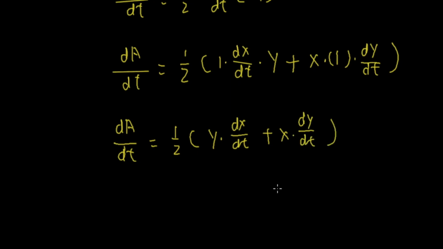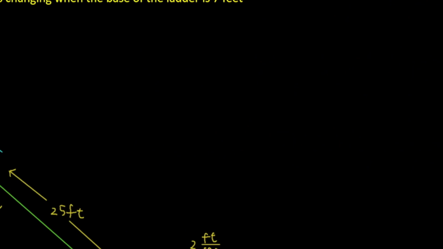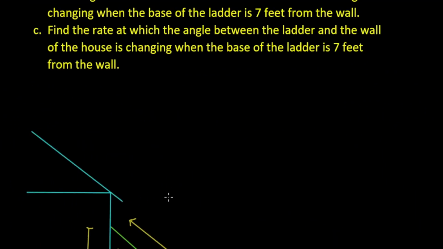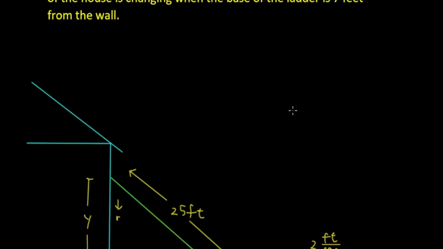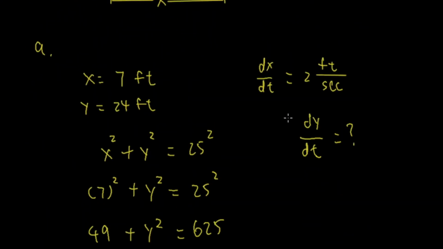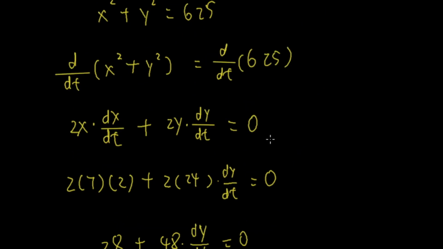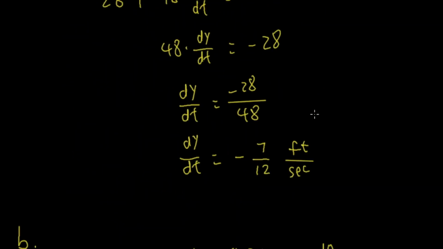Okay, but do we know what dx over dt is? Do we know what dy over dt is? It is not given in part B of the question here. But don't worry, you have it calculated in part A. You have dx over dt equals 2 feet per second, and dy over dt, you calculated as minus 7 over 12.